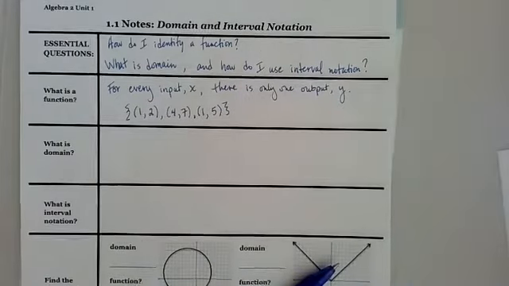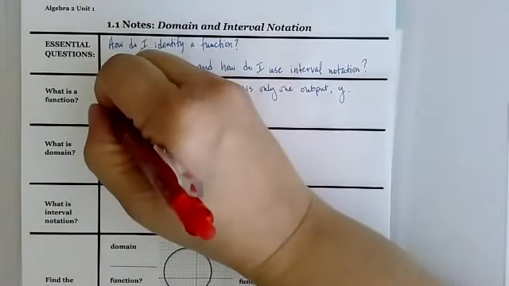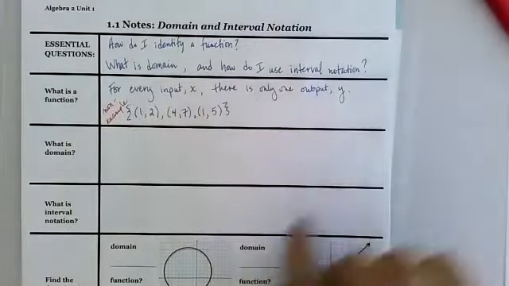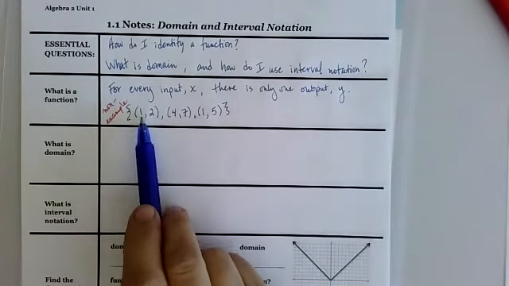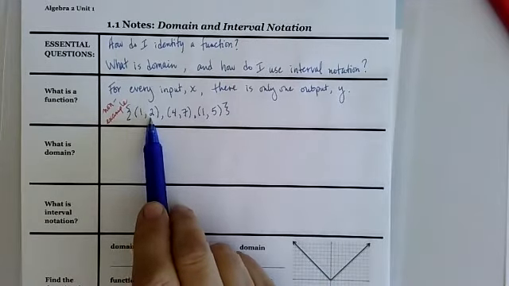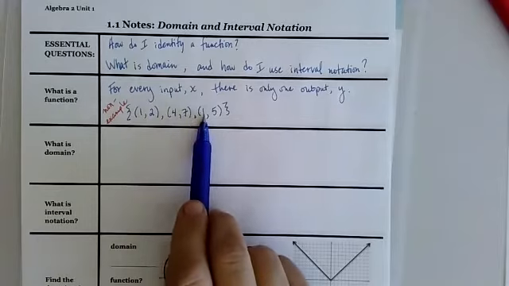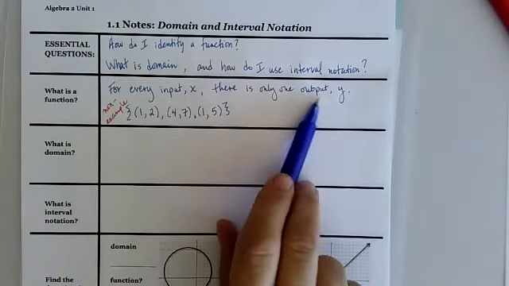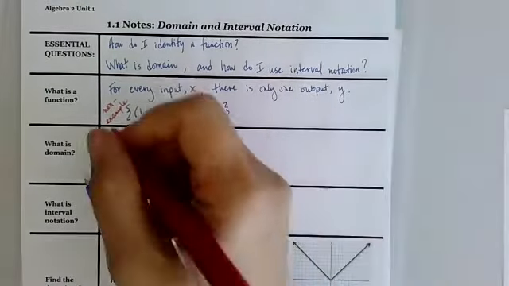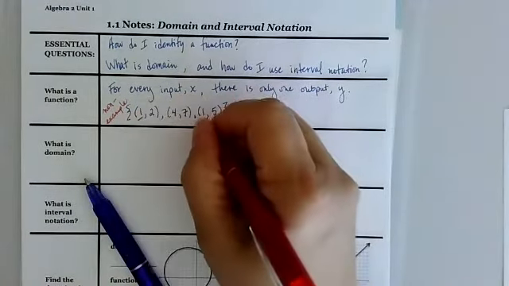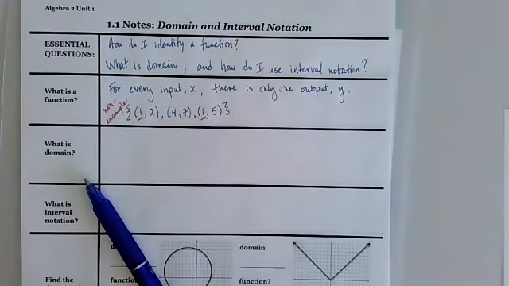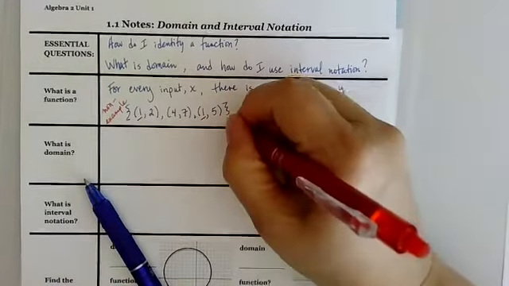Okay, this is a non-example because I have 1 matched up with 2 as an output, and 4, 7, and then I have 1 again matched up with a different output, and that breaks my rule. So because there are 2 y values that share the same x, it's not a function.